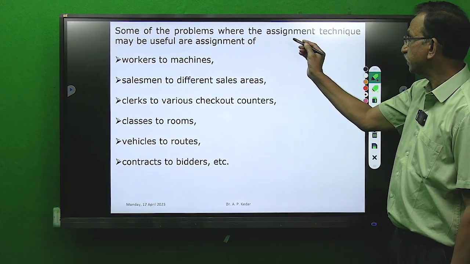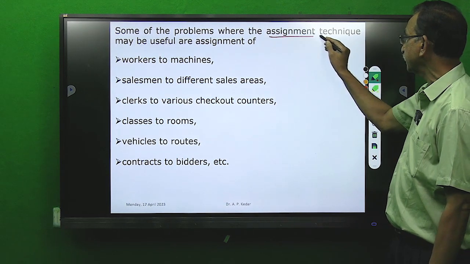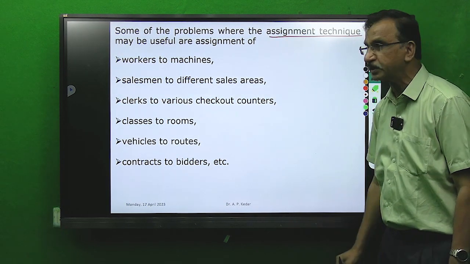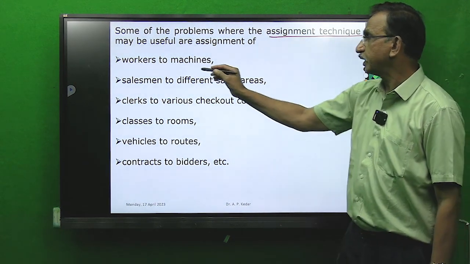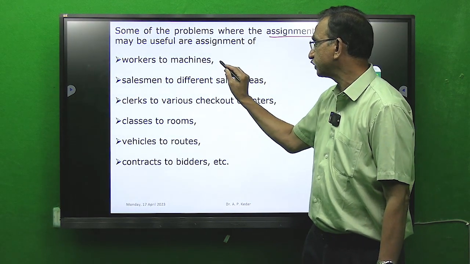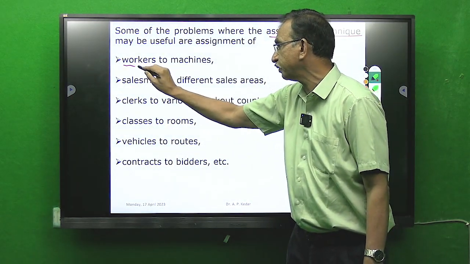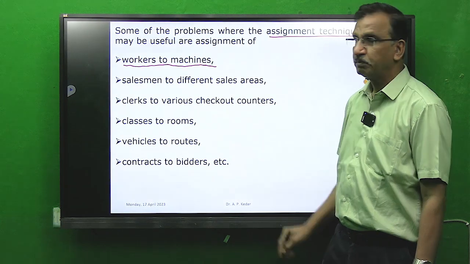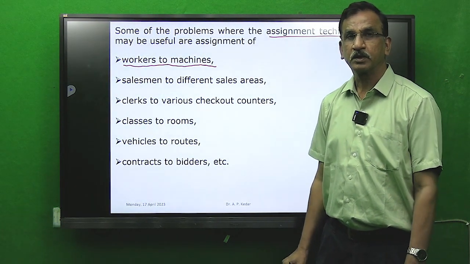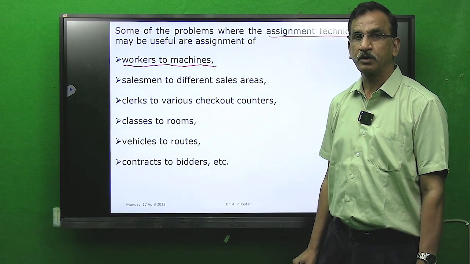Some of the problems where the assignment techniques we are studying in this lecture can be used include assigning workers to the machines. This is very important, because in factories workers or operators will be operating on different machines.